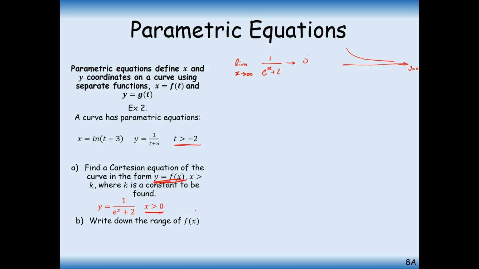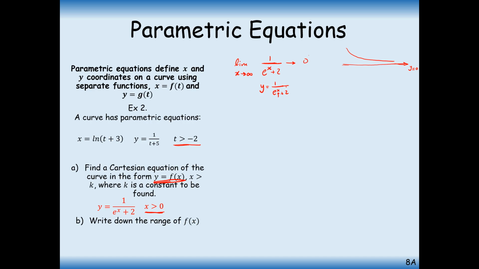Now, y is bounded below by zero, but what's the highest value that y can take? Well, because of the reciprocal nature of this, y is reciprocally related to e to the power x plus 2. Therefore, the lowest value of x actually will give us the highest value for y.